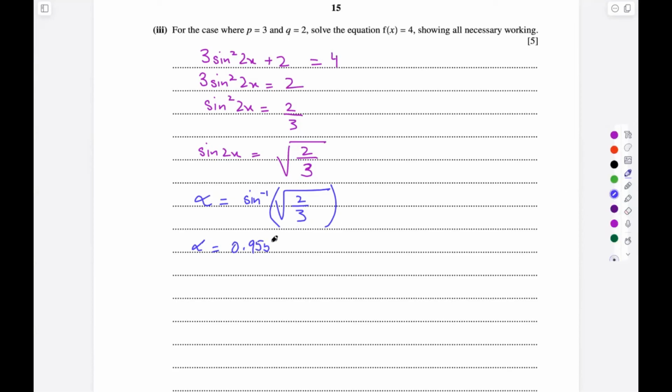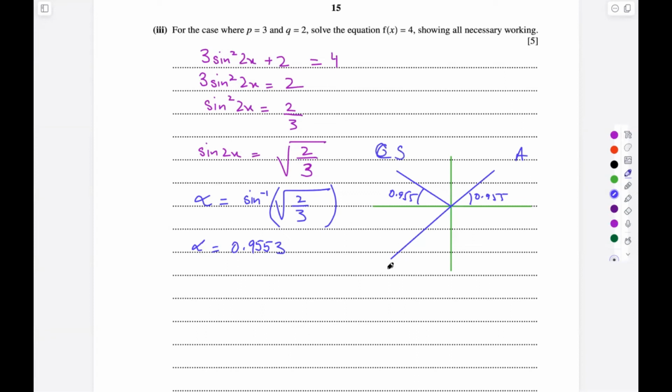The square root basically represents that we can take this basic angle in the positive and negative quadrants of sine, as a square root has a positive and a negative sign. So we will be making 0.955 in the first quadrant, in the second quadrant, and in the third quadrant as well. Sine is positive in the first and the second quadrant.